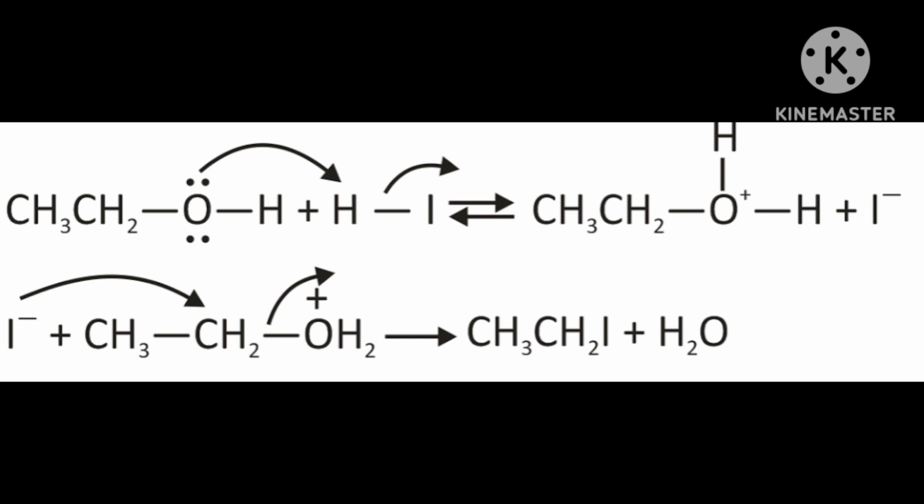As soon as I makes a bond with CH3, the bond between CH3 and O will break. I told you, when someone is ready to give electrons, only at that time the bond will break. Simply it will not break. That is the role of, you can say, a catalyst for a short period: they give electrons.